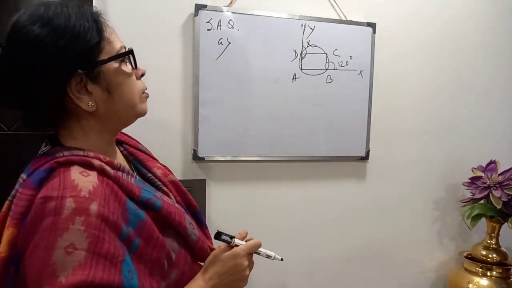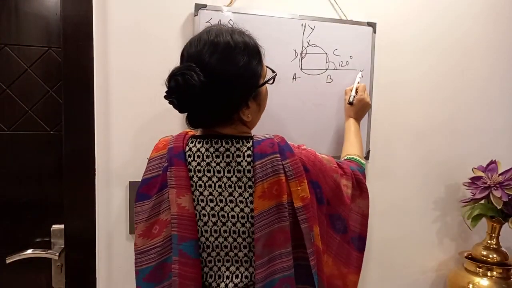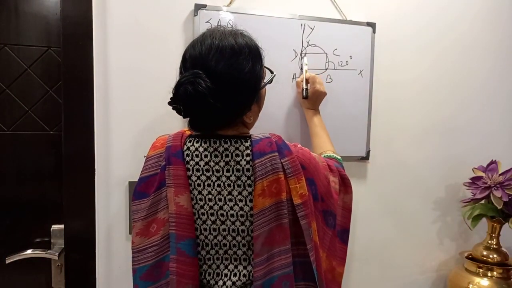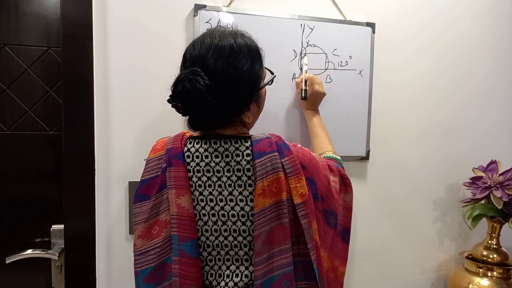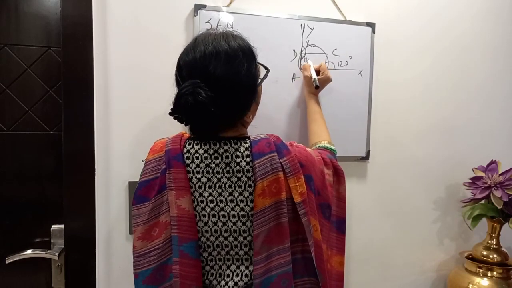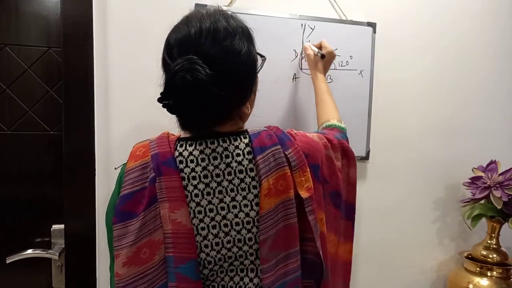Clear? So if any side is extended, then the external angle equals the opposite interior angle. So if it is 120 degrees, this will also be 120 degrees. Clear? Now this total is 180 degrees.